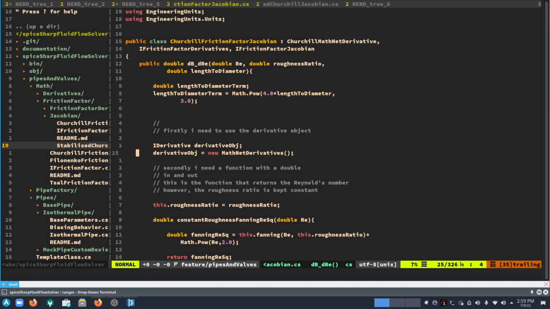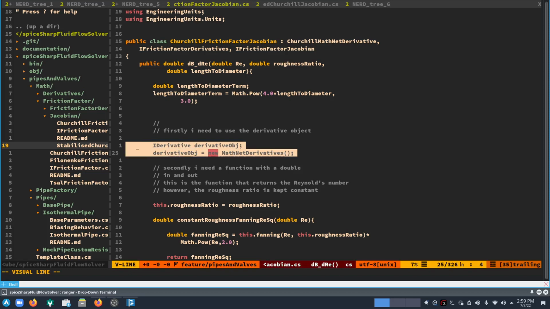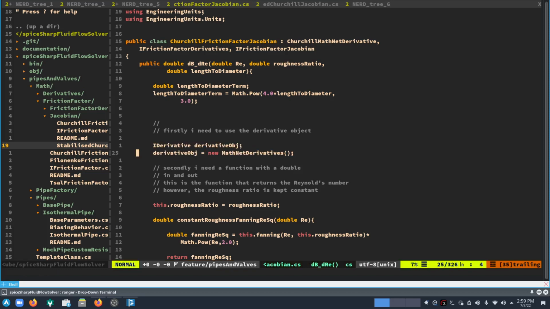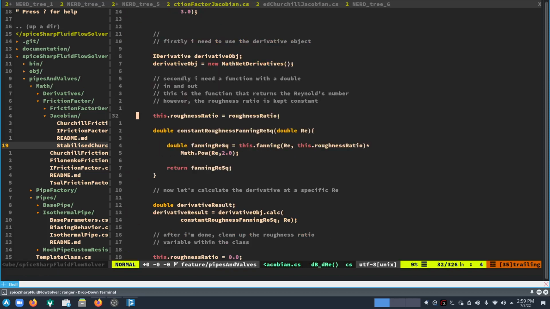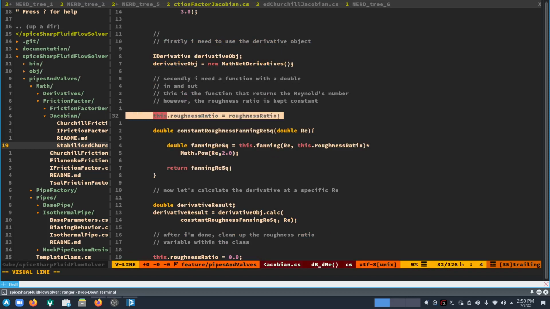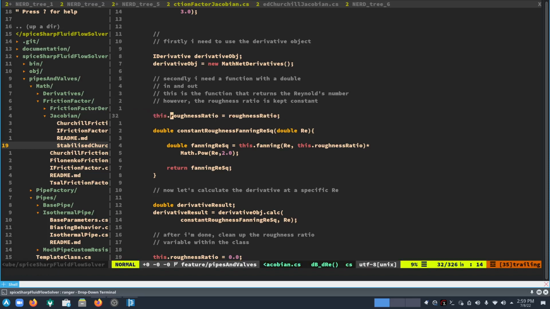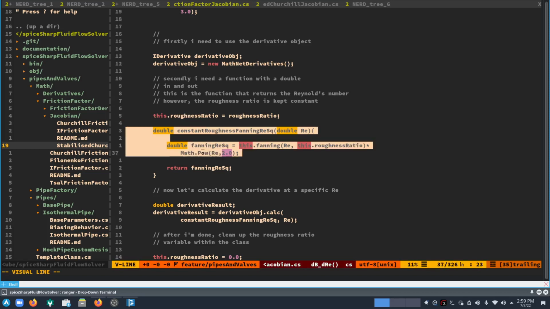Then we have our derivative object. We make a MathNet derivative object to do our central difference approximation. We have a roughness ratio right here. What I'm doing is assigning this roughness ratio to a variable in the class, so that we can calculate the fanning times Re squared.